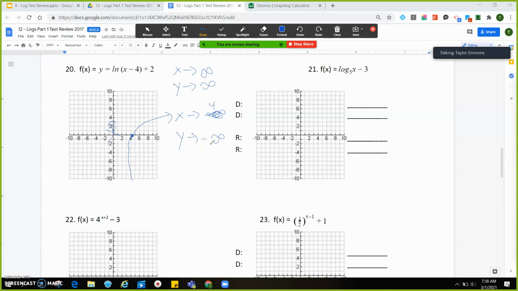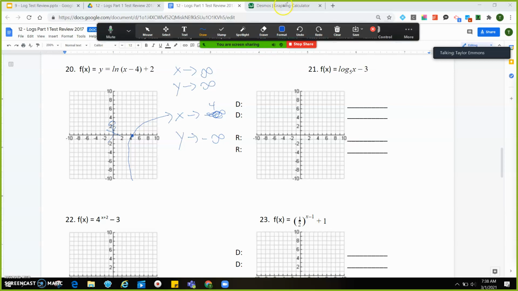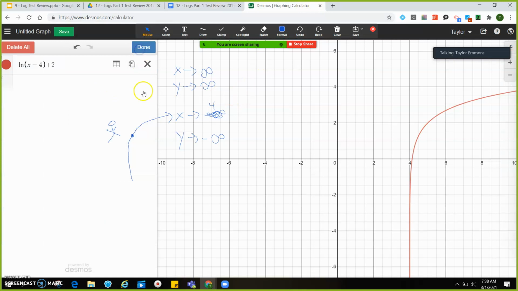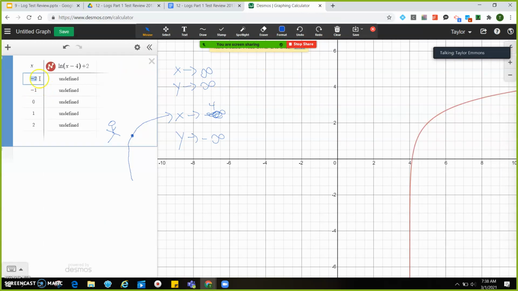One thing I'll mention is the vertical asymptote that happens here. If I go into my Desmos table and plug in any number less than 4, I get undefined. The reason is that there's a vertical asymptote at 4. This number right here will be your vertical asymptote. Why is it positive 4 instead of negative 4?